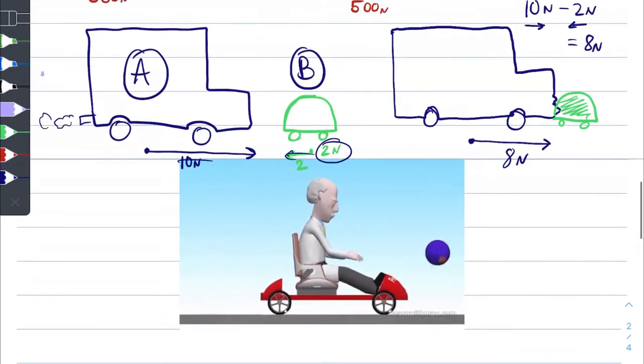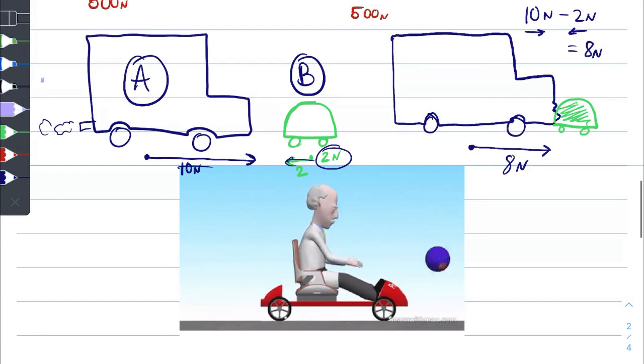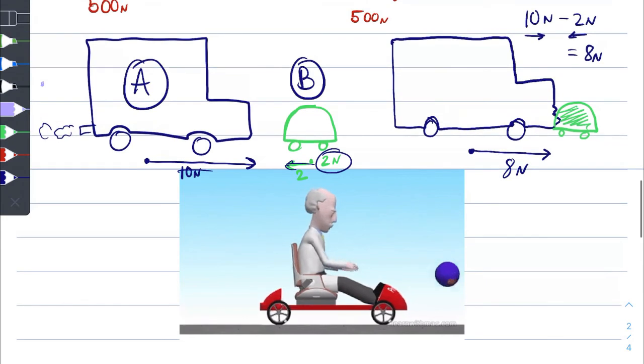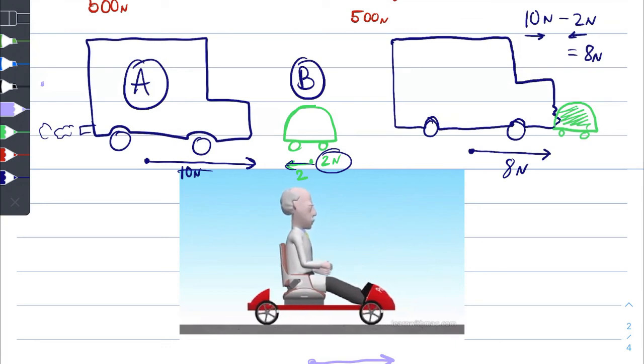This professor is in a car that has wheels, so there's almost no friction because the wheels are on concrete, which really reduces the friction. If he's holding a mass and throws it forward, that mass moving forward actually pushes him backwards as well, applying a force back on him.